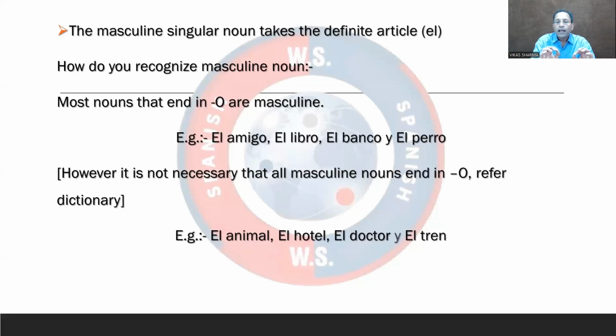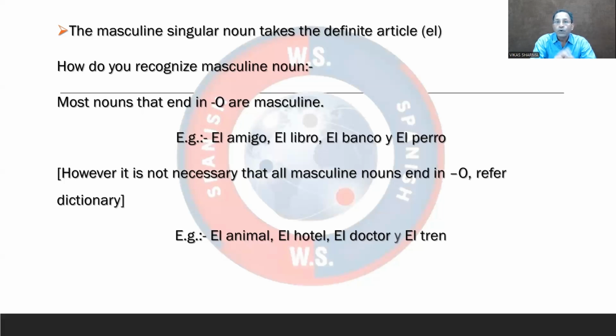So, el amigo. I'm going to tell you only the meaning of a single word. For example, amigo is friend. So el amigo means the male friend.